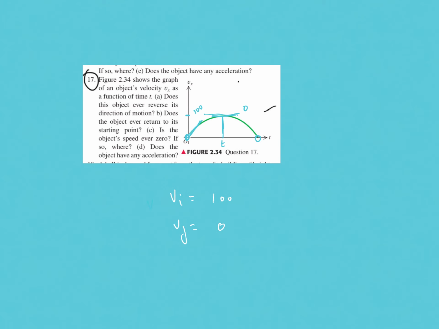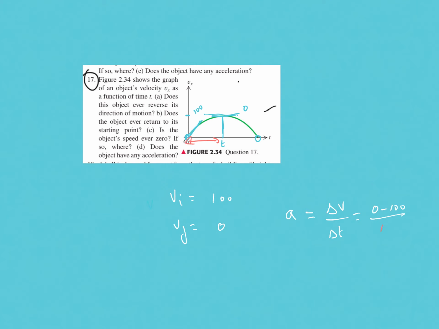So what is the measure of the acceleration? The measure of the average acceleration is the change in velocity divided by the change in time. The change in velocity is 0 minus 100, divided by the change in time that is here. This change in time, in these 2 points, happens the thing.